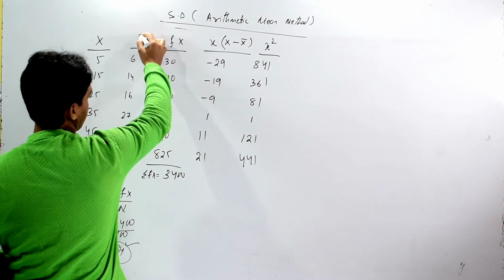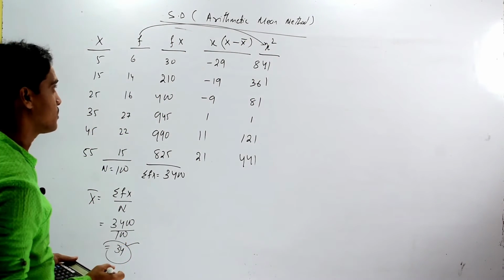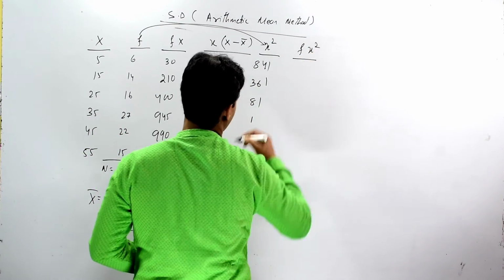Now multiply the frequency with the square of the small x in order to find out fx square.